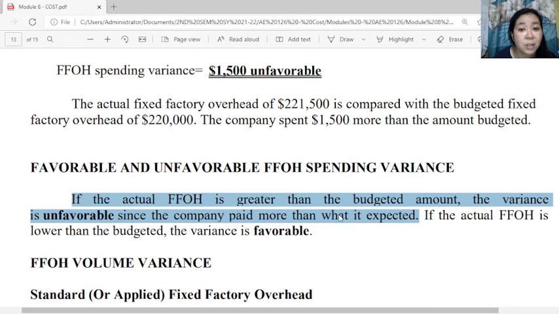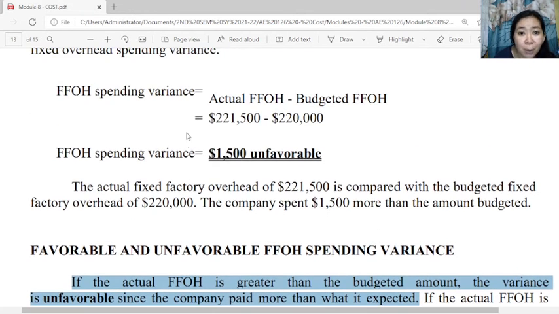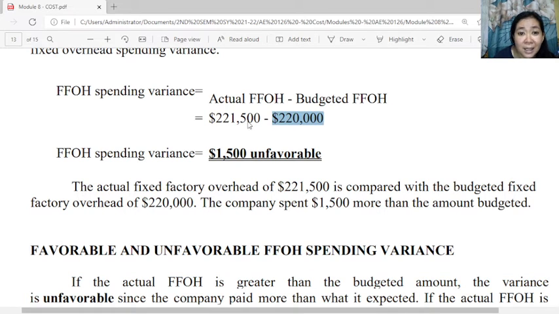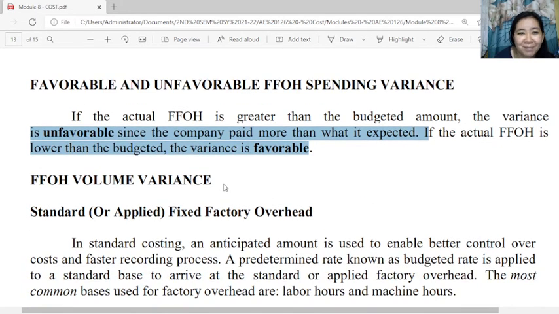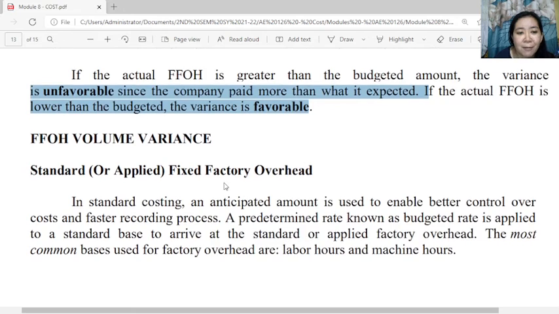In our example, instead of just spending 220,000, the actual fixed factory overhead spent was 221,500. So that's why it's considered unfavorable. On the other hand, if the actual fixed factory overhead is lower, your variance will be favorable. That's for spending variance.